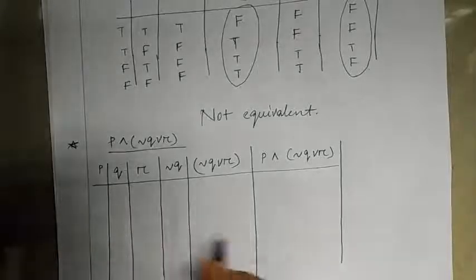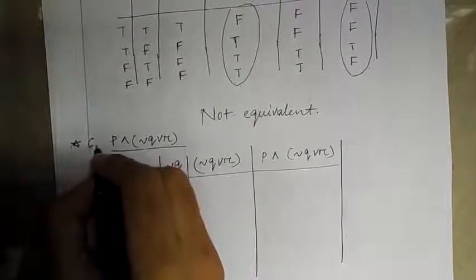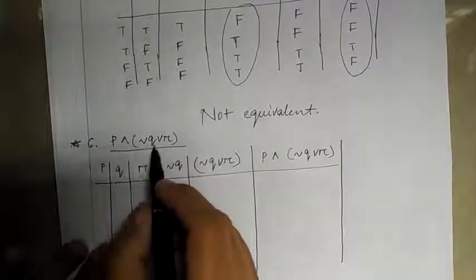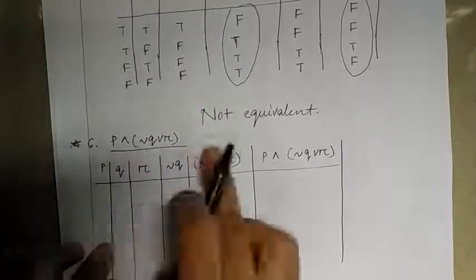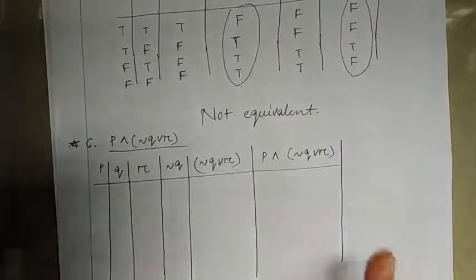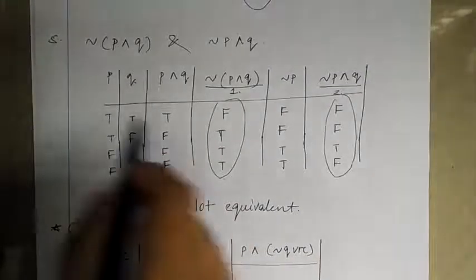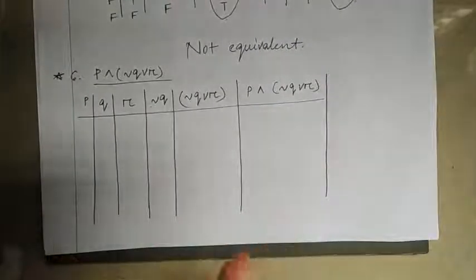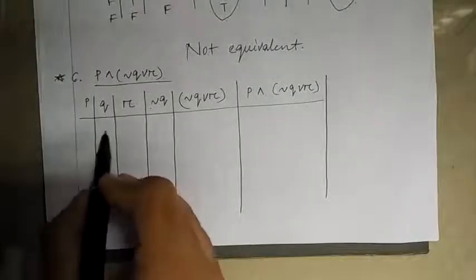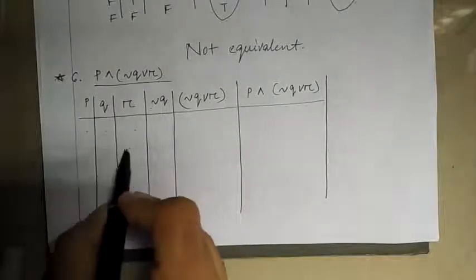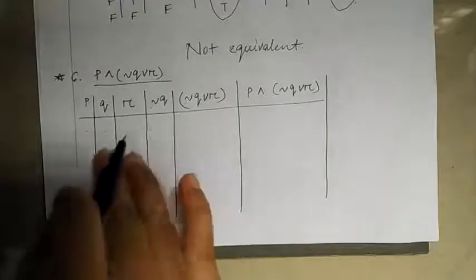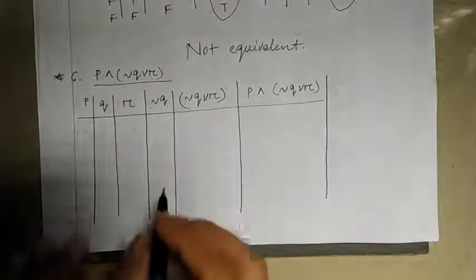Yeah, so this is the next question, question number 6. P and negation (Q or R), where 3 propositions are there, P, Q, R. In the previous one we used to take P and Q, so we used to get 4 combinations of truth values. But here 3 are there. So it is 2 to the power 3, so totally you are going to get 8 combinations of the truth values.